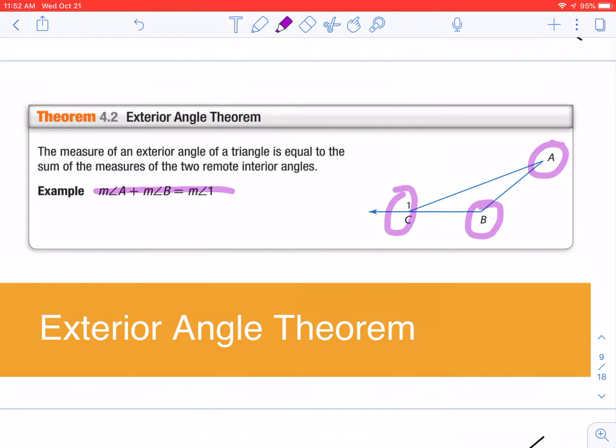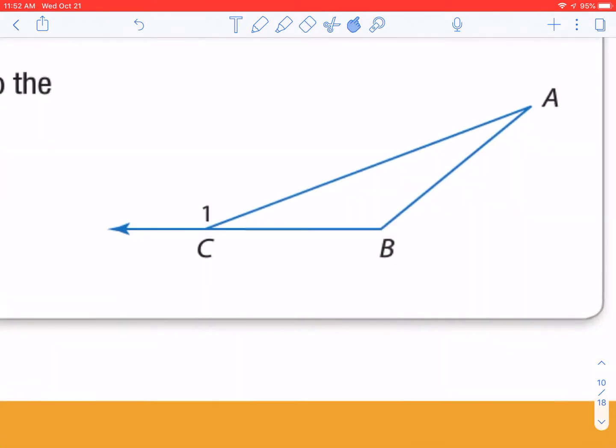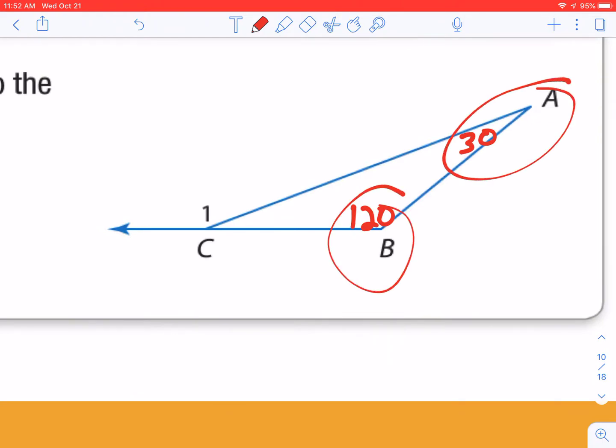So for example, I'm going to zoom in. If this was 120 and this was 30, all we would have to do is add A plus B, and angle 1 would be 150.